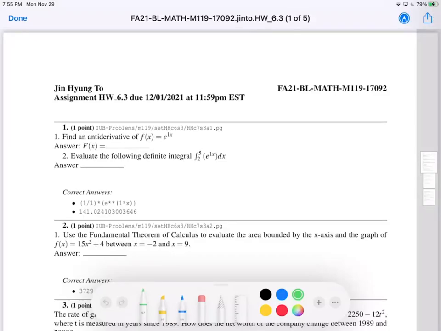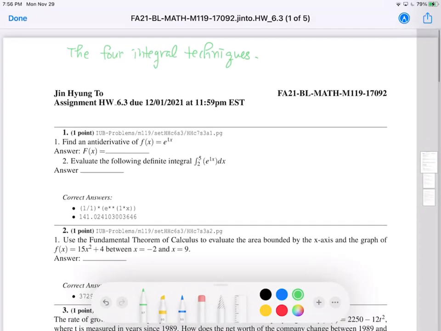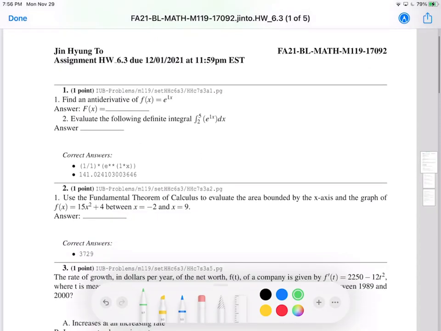We use four integral techniques. Okay, so for number one, find the antiderivative of f of x.